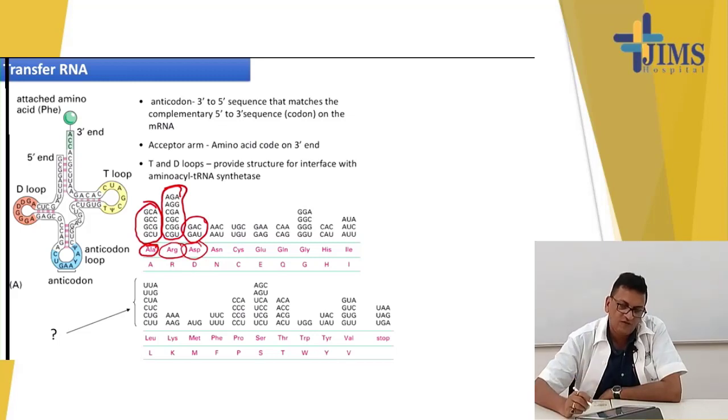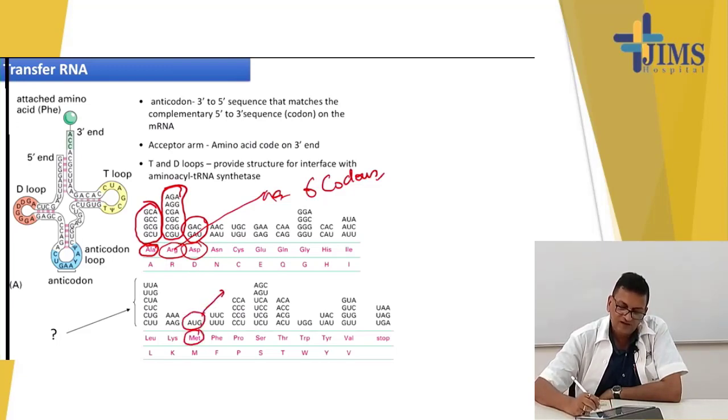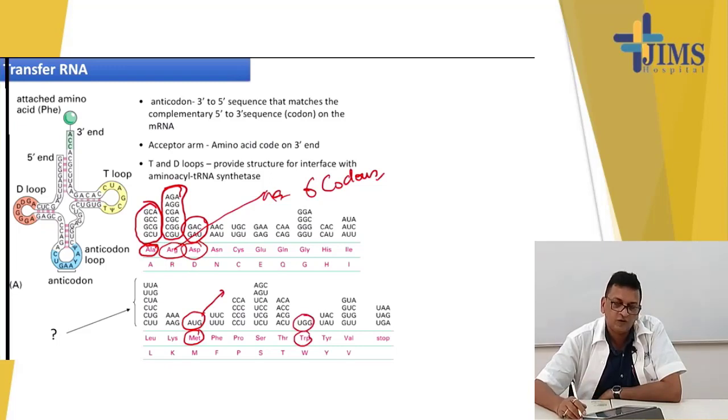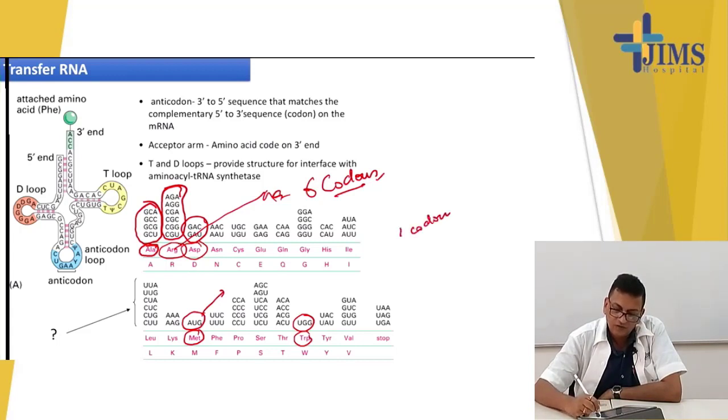The maximum you observe is that one amino acid is coded by 6 codons. Methionine has only one codon, AUG. AUG is the start codon, the initiation codon. Similarly, tryptophan has only one codon, UGG. So the maximum is 6 codons, the minimum is 1 codon.